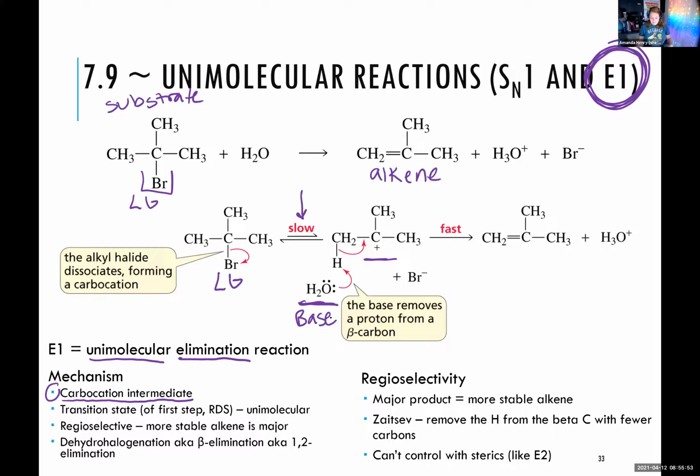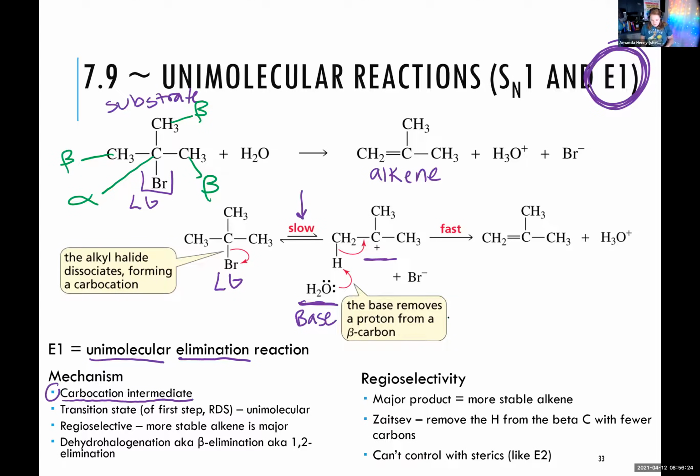Remember, where our leaving group is attached is our alpha carbon. And then anything attached to that is a beta carbon. So this technically has 3 beta carbons. They're all methyls, so really, we could do the reaction to any of those 3 and get the same thing. We'll talk about what happens if they're not all the same thing.